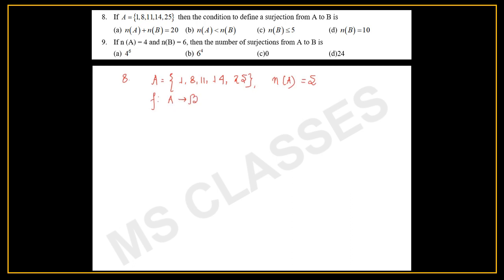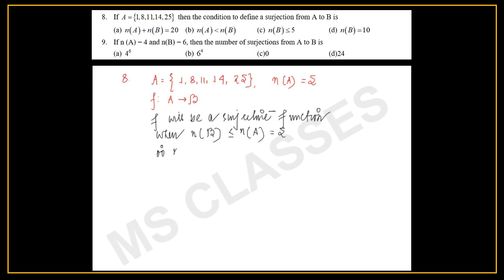For that, we have to find the condition: what can be the cardinal number of B for which it can exist? f will be a surjective function when the cardinal number of B is less than or equal to the cardinal number of A. The cardinal number of A is 5. Therefore, n(B) should be less than or equal to 5.